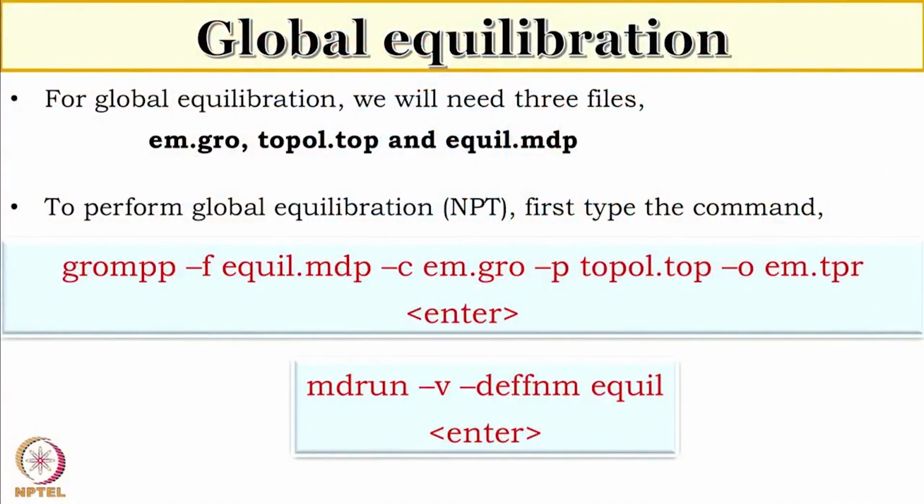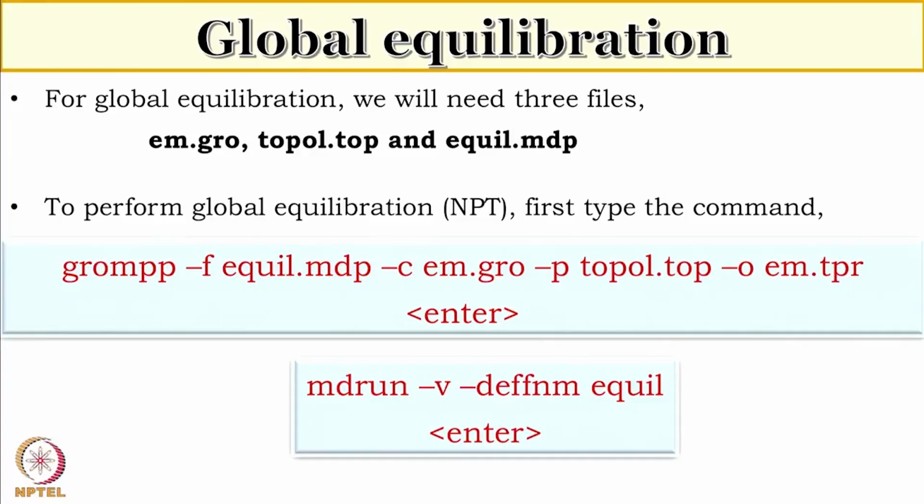The command we'll use is grompp -f equil.mdp, which is the molecular dynamics parameter file for my equilibration in NPT ensemble. Then -c em.gro, that is my energy minimized configuration. Then -p topol.top, the topology file.